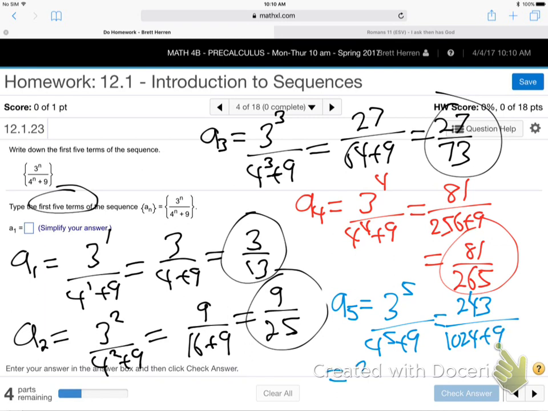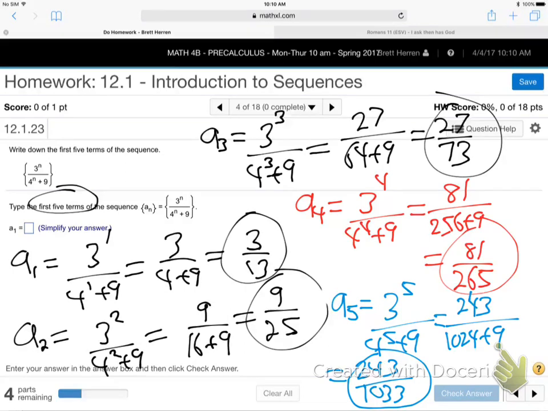So that's 243 over 1033. Like that. There we go. A1 through A5. Making sense? We all good? So we're just plugging into the formula. Plug in 1, plug in 2, plug in 3, plug in 4, plug in 5.